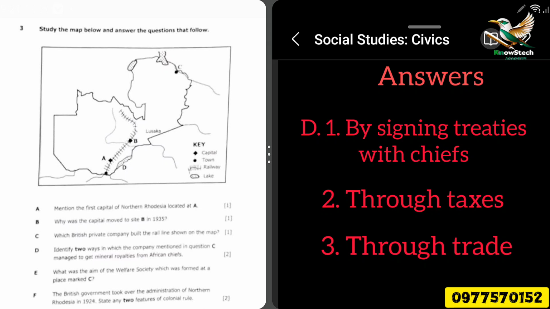Now you just have to mention 2. E. What was the aim of the welfare society which was formed at the place marked C? It was to resist colonialism.